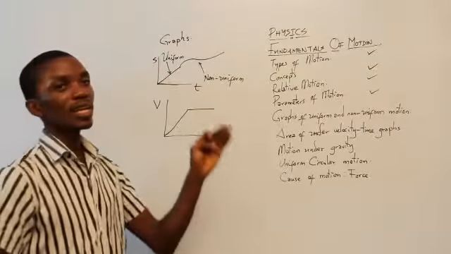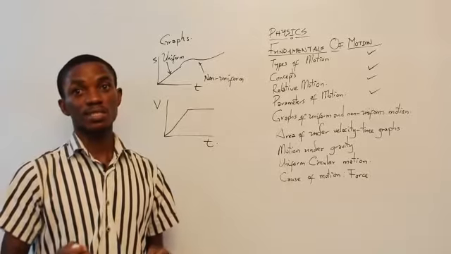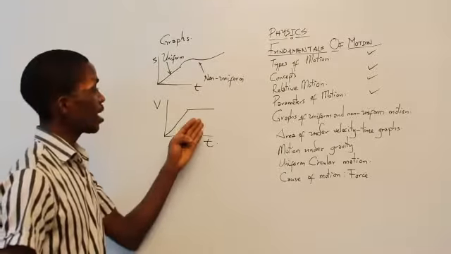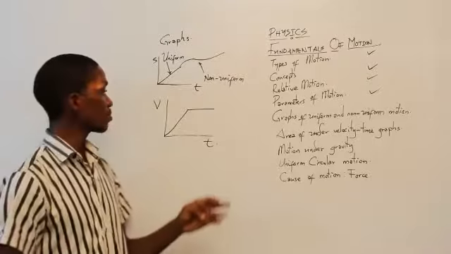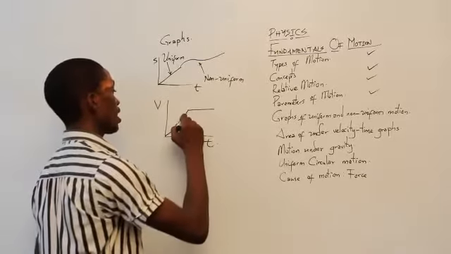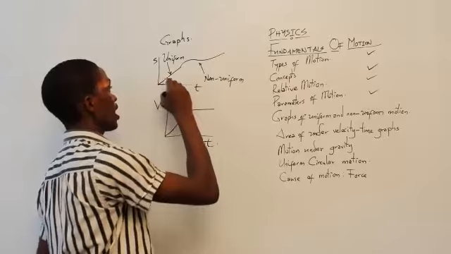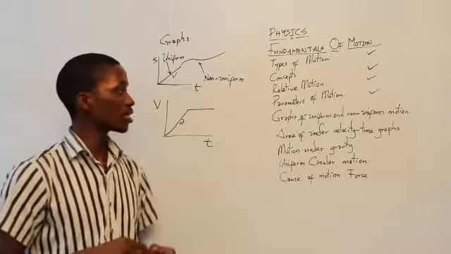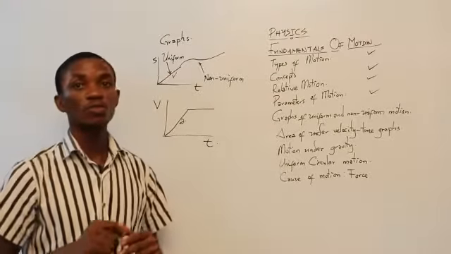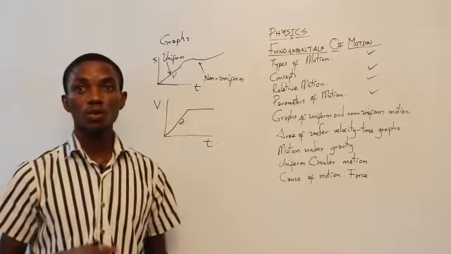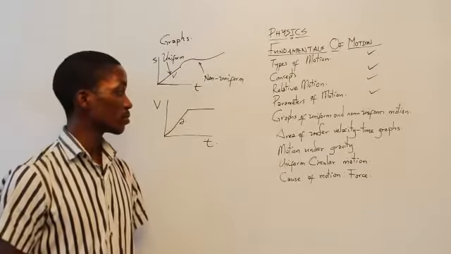Up here, our horizontal line talks about distance. So here our slants are acceleration, while in the distance time graph our slants are velocity. These are some pointers to take note of for now. Later in the course, we'll look into the others.